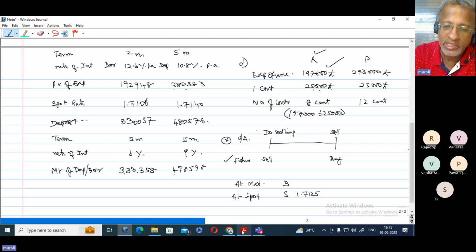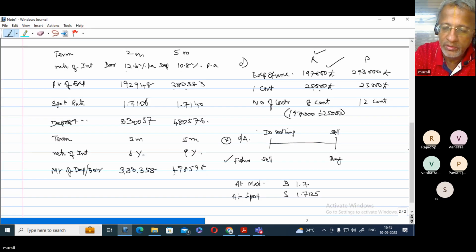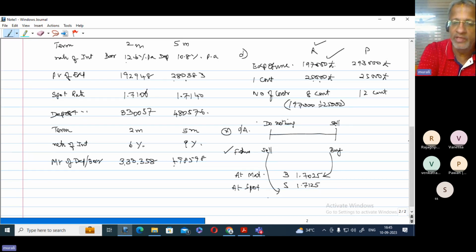Next, on 1st of February, March contracts are dealt at 1.7025. Are you clear? So I sell and I buy. The difference between the two is going to be a gain. Why is it a gain? Selling price is greater than buying price.